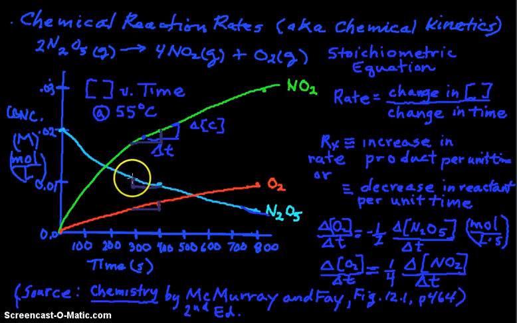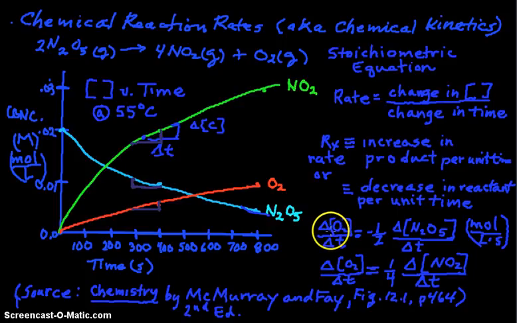So that was a decomposition rate. The slope of this line, the average slope, is going to be negative between 300 and 400 seconds. And likewise for nitrogen dioxide, between 300 and 400 seconds, the concentration is going to be increasing, so that corresponds to a formation rate.